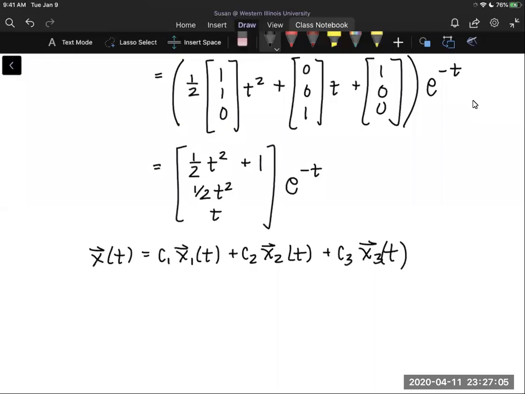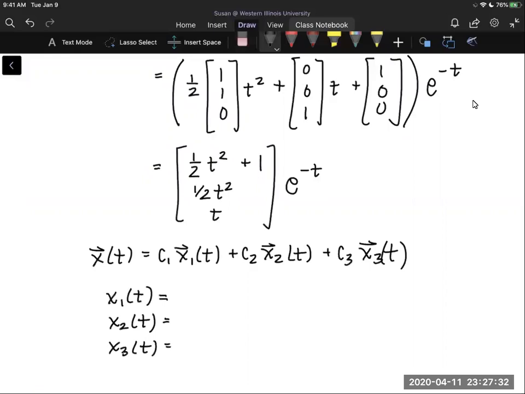And because the book typically writes their solutions in the scalar format, I will continue doing so. So I'm going to write it out in terms of x1 of t, x2 of t, and x3 of t. And notice that there are no vector hats on top of that x1, x2, x3 because they are scalars.